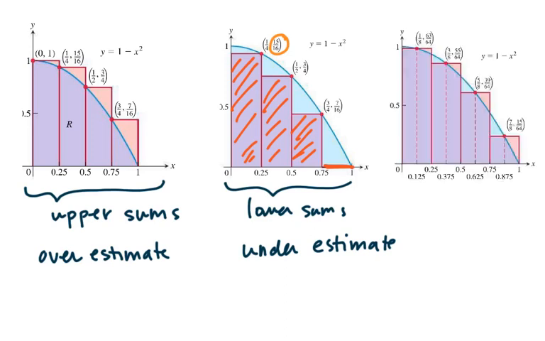So I've added a third picture here on the right, and what we can see is that if I choose my height, my width is constant. My width for all of these rectangles is still just that quarter of a unit, but I choose my height using the output at the middle of each unit.